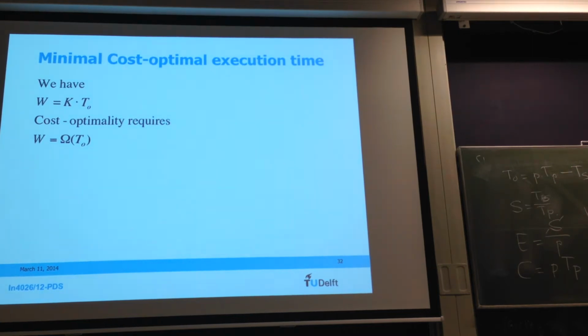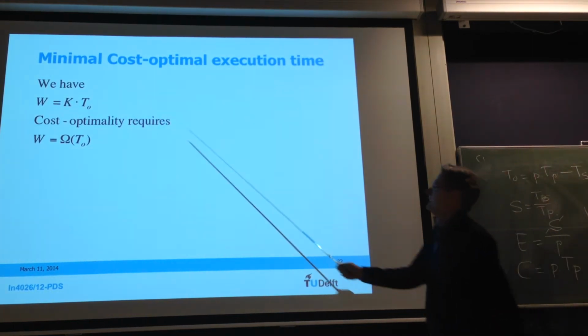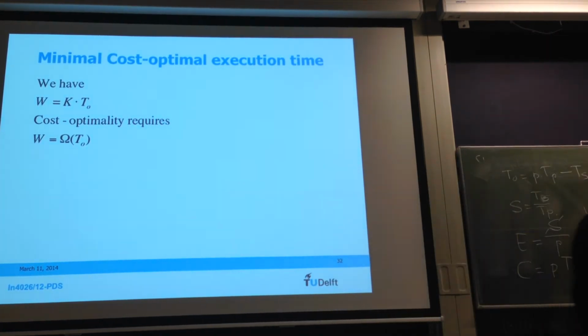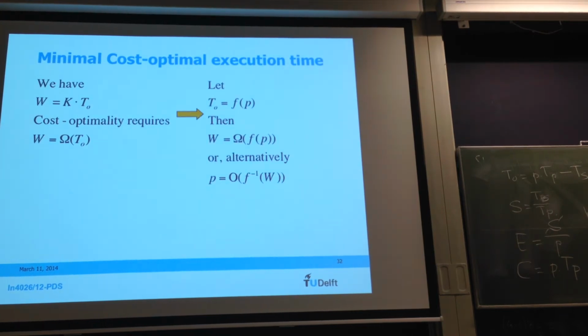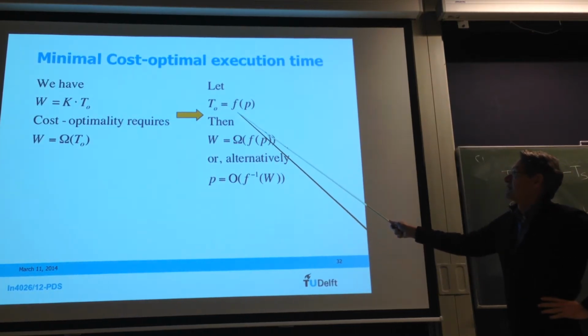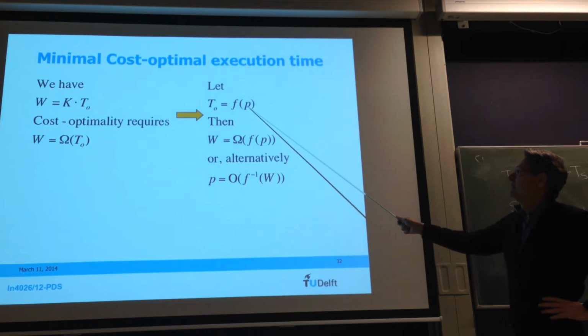Now, we just said that cost optimality requires that the workload is lower bounded by the overhead. Suppose the overhead function is given by this function f, which is a function of p.